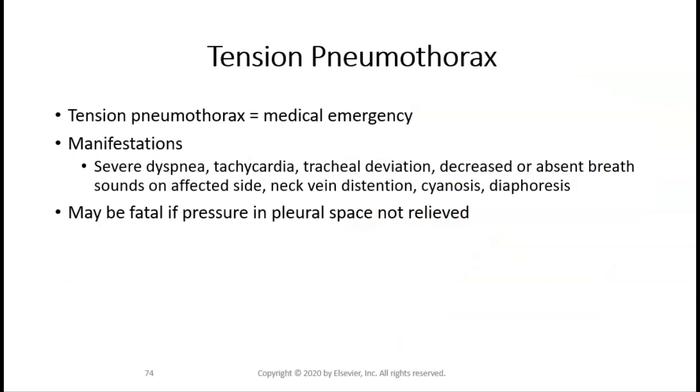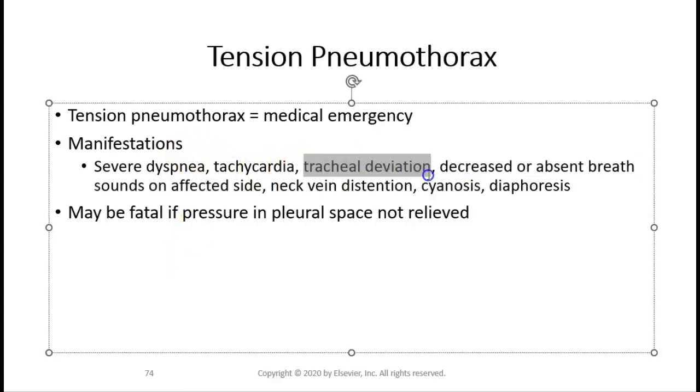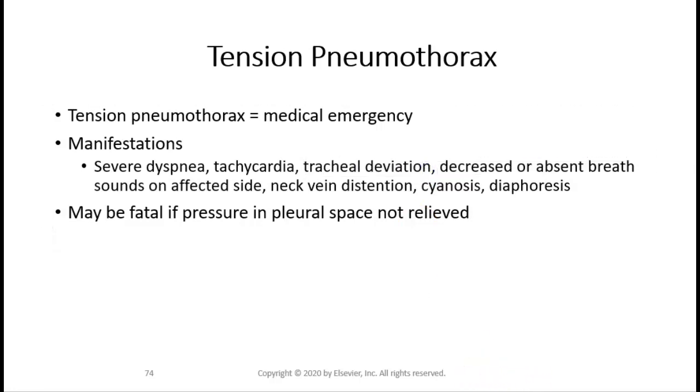Tension pneumothorax is a medical emergency, and this is what we'll see in the patient: severe dyspnea, tachycardia. Hallmarks for you guys: tracheal deviation, right? That's a hallmark there. So anytime we see tracheal deviation, you're going to want to act quickly to make sure that we relieve it, either by chest tube or needle decompression. Neck vein distension could be seen in the tension pneumo.